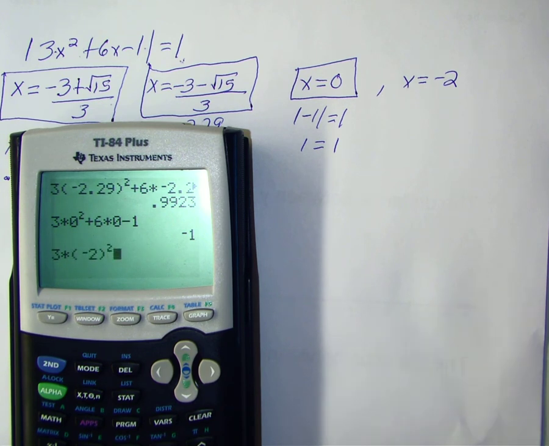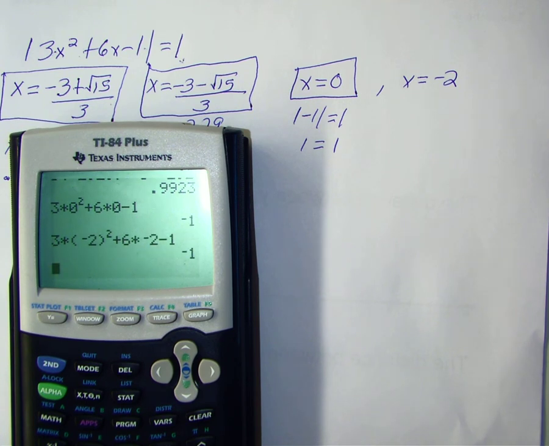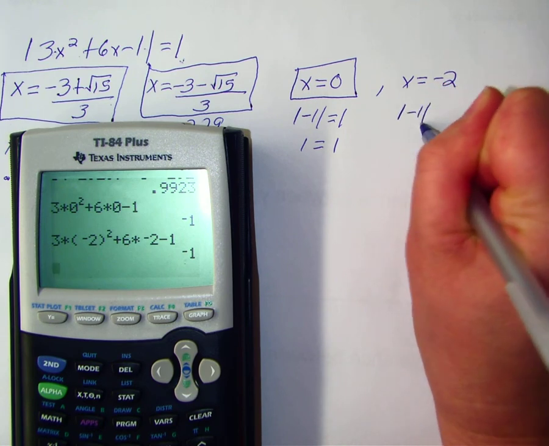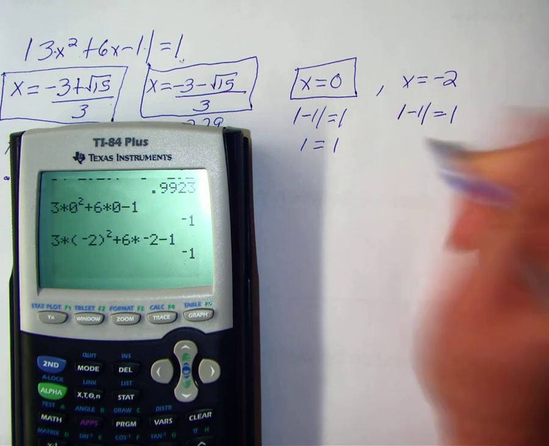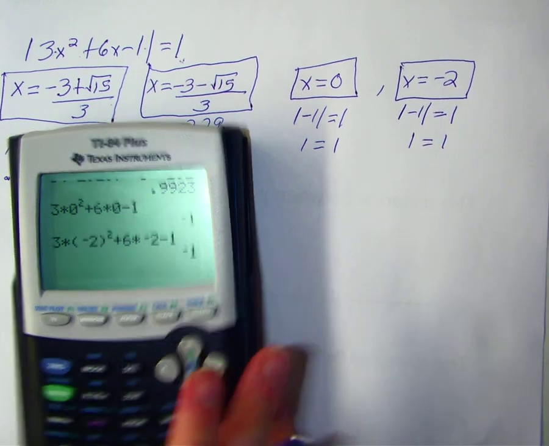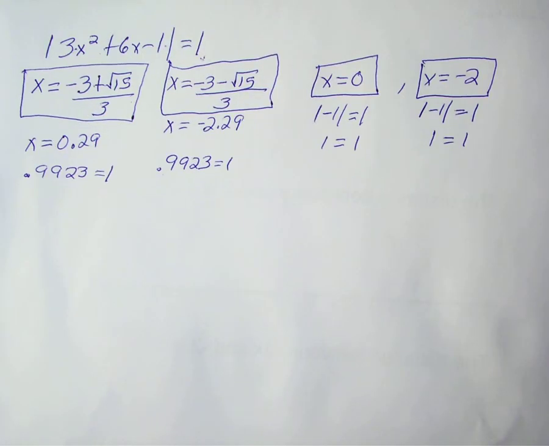Is that true? Yes, it is. So all 4 solutions were true for this quadratic equation. I know that you're going to say this is a pain in the neck. You have to do it. Okay, moving on.